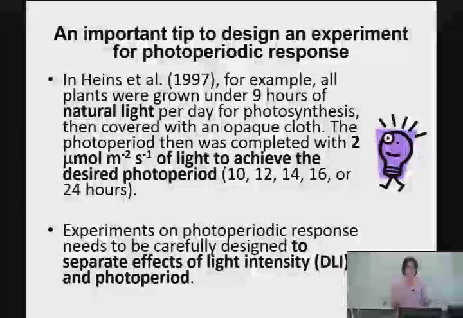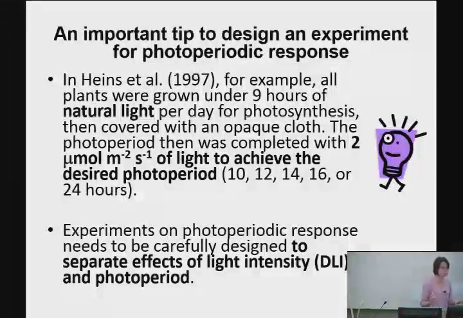And the good thing is that photoperiod can be sensed by plants even at very, very low light. So if you create an artificial long day using very low light, then you can separate out the effects of DLI and photoperiod.